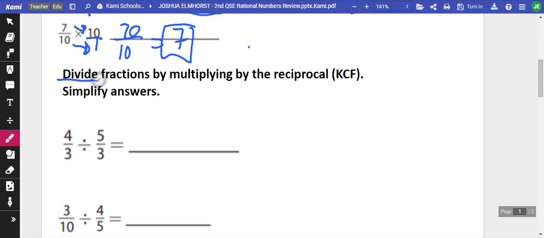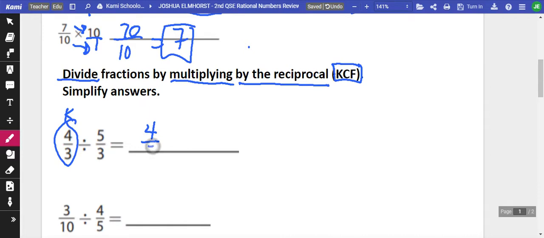So now dividing fractions is very similar to multiplying, but we're going to use the strategy multiply by the reciprocal. And the strategy is keep, change, flip. So we're going to keep the first fraction the same. We're going to change this to multiplication, and then we're going to flip this fraction over. And now we can complete it as a multiplication problem.